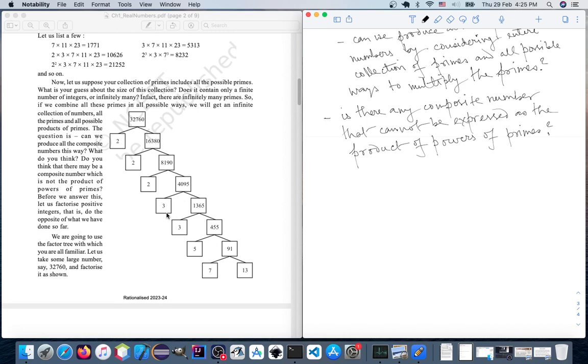As an example, it has taken a large number, 32760, and factorized it as shown.